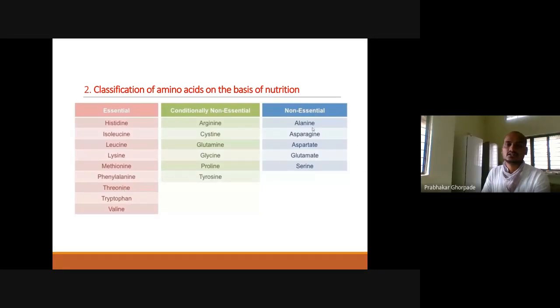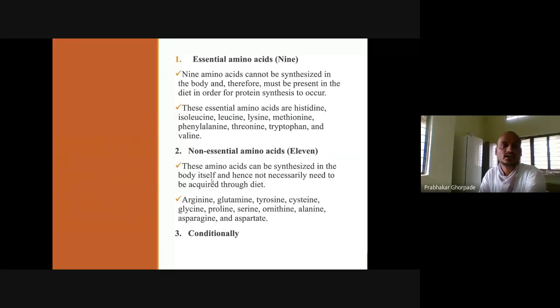These are the non-essential: alanine, asparagine, aspartate, glutamate, serine. And these are conditional, where sometimes we have to supply them in the diet to maintain the level: arginine, cysteine, glutamine, glycine, proline, and tyrosine, right? So that is the concept of essential and non-essential amino acids.